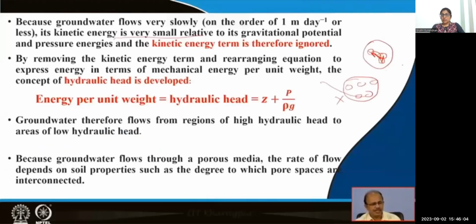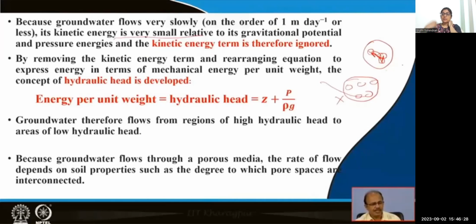So we know that unlike surface water flow and flow through pipes, water flow through groundwater is very slow. As shown here, it happens at the rate of 1 meter per day. So the kinetic energy is very small when it comes to groundwater.